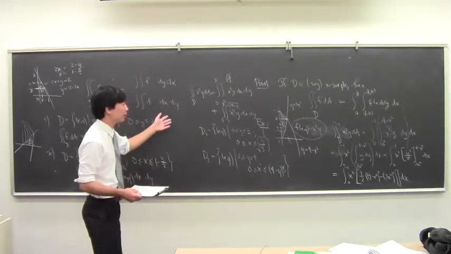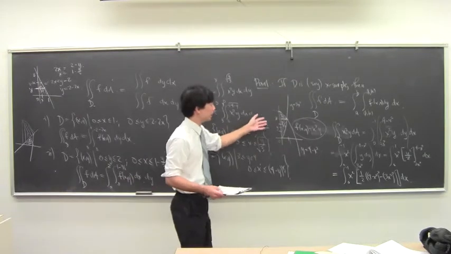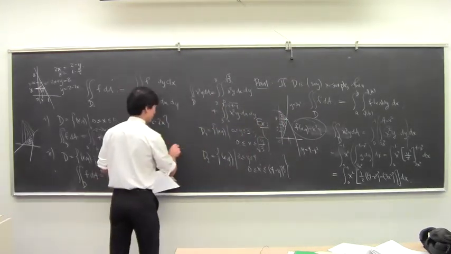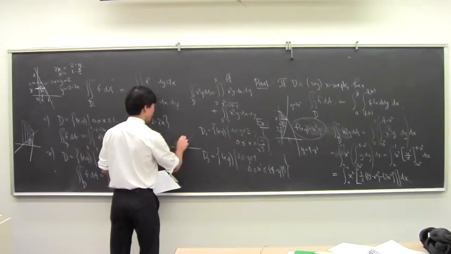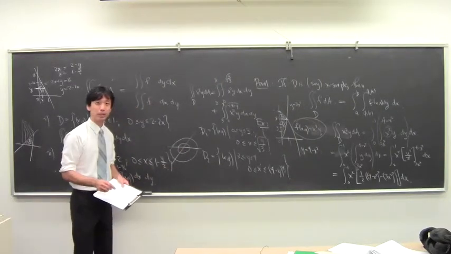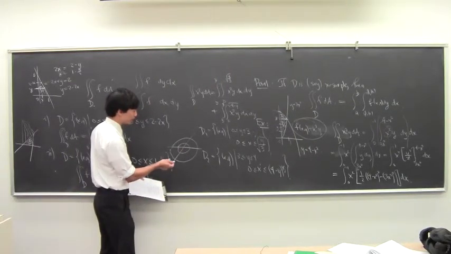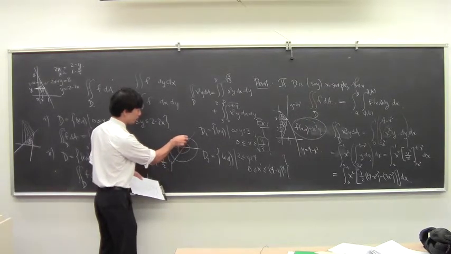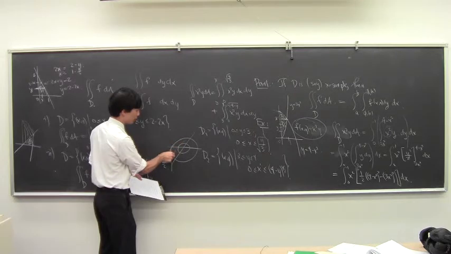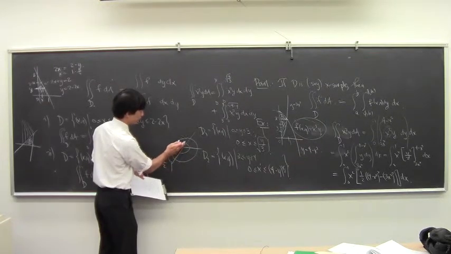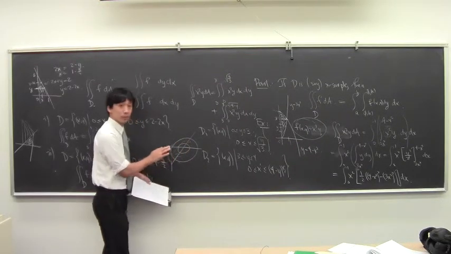Part of the game is how do you want to split up your region. If, for example, I said I'd like you to integrate over an annulus, a difference of circles, well, then it's kind of a pain, but you could break this annulus up into parts. Here I've got an x simple region, here an x simple region, and this thing is x simple and this thing is x simple.